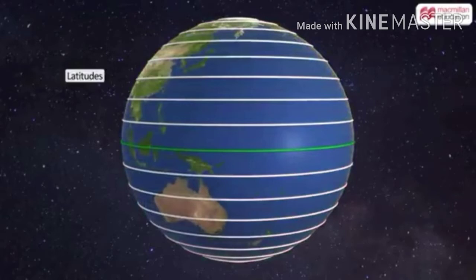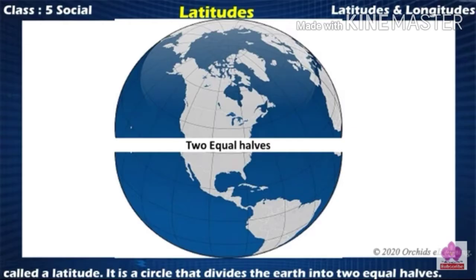Let us now look at some important latitudes that divide the earth into different regions. The equator lies at 0 degrees. The Tropic of Cancer lies at 23.5 degrees north of the equator. The Tropic of Capricorn lies at 23.5 degrees south of the equator.